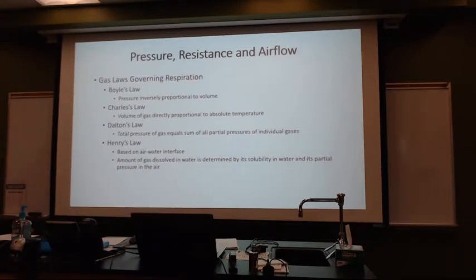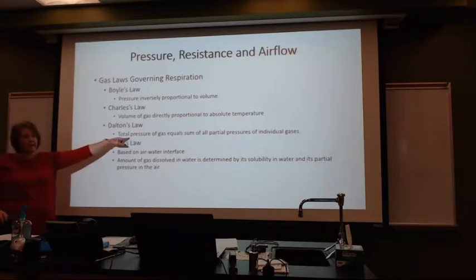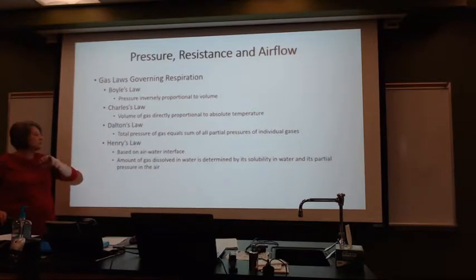Those are values that get applied to different respiratory tests that can be done, and you will actually see the partial pressure of oxygen and so forth in patient charts.